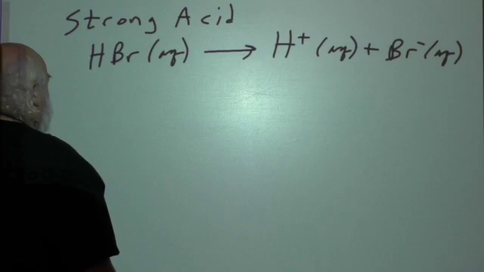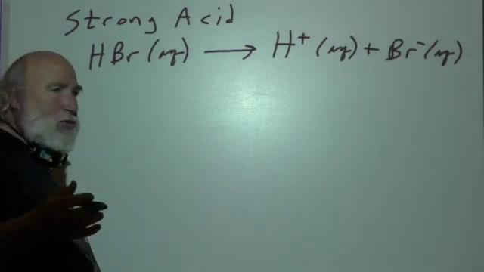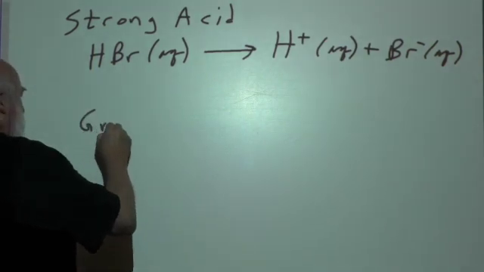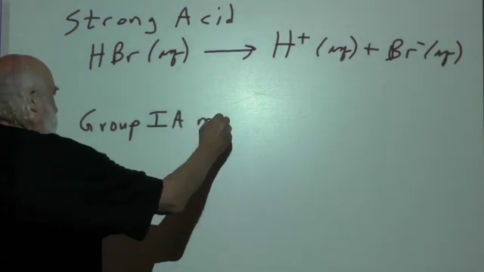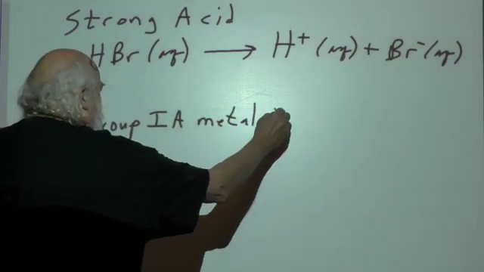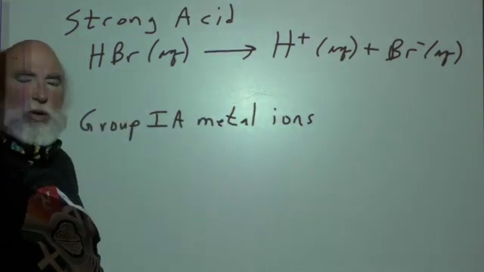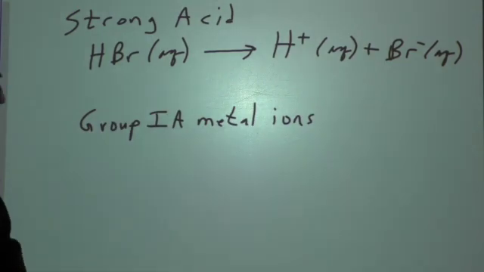And what we generally use as a guide for you to figure that out is that you have to have group 1 metal ions, or 1A metal ions. And the ones we generally deal with are the top 4: the lithium, the sodium, the potassium, and the cesium. You get past that, it's getting pretty obscure.